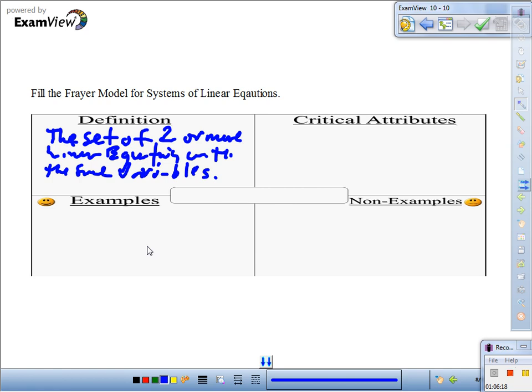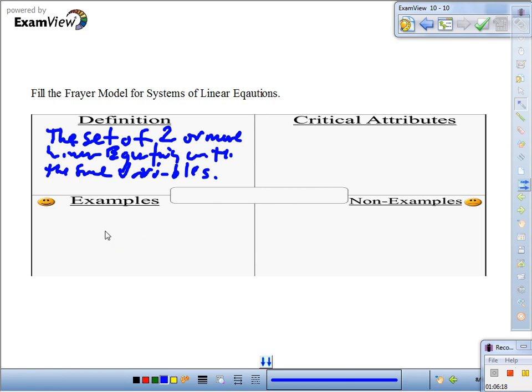Example, CJ, example. No, that's the definition. All right. Example.